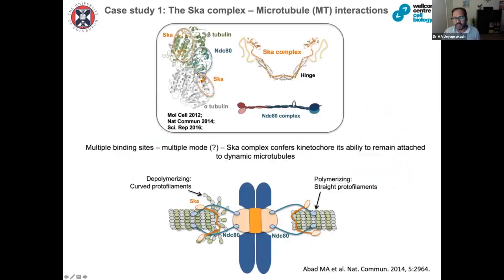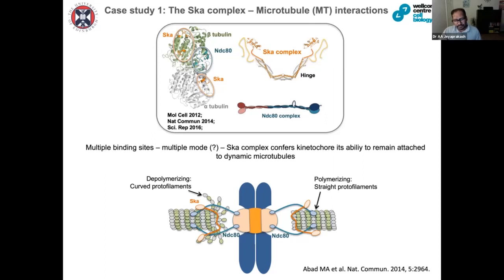Putting this information together, we suggest that SCAR, with its multiple microtubule interaction sites that can engage with microtubules in multiple modes, can remain attached to microtubules as they assume different structures. And it is the SCAR complex that confers the ability to remain attached to microtubules to the kinetochore, and hence achieves accurate, efficient chromosome segregation.